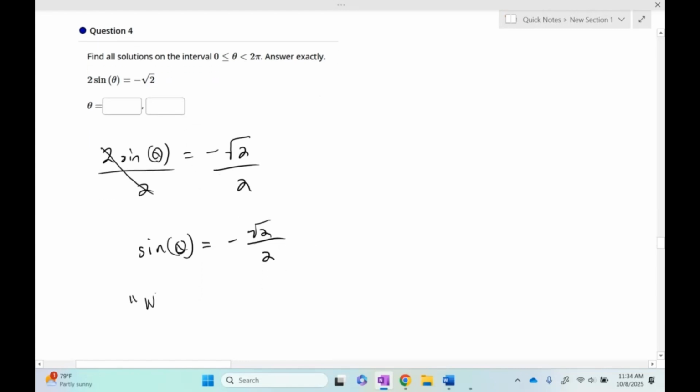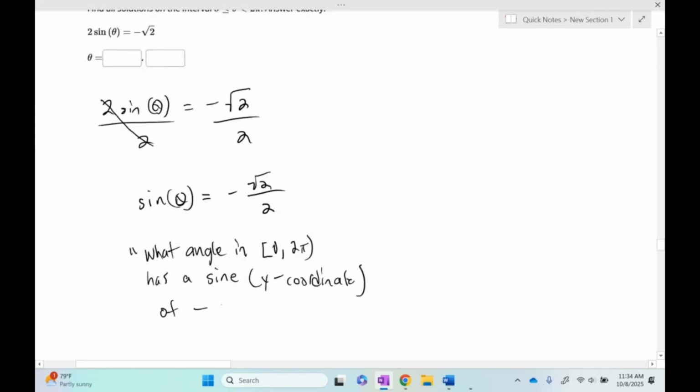So this is: what angle in the interval from 0 to 2 pi has a sine, which is the y coordinate, of negative square root of 2 over 2?